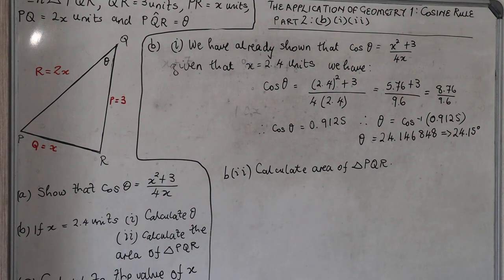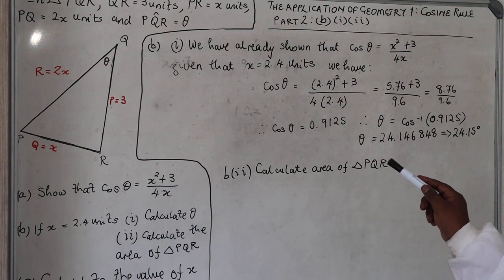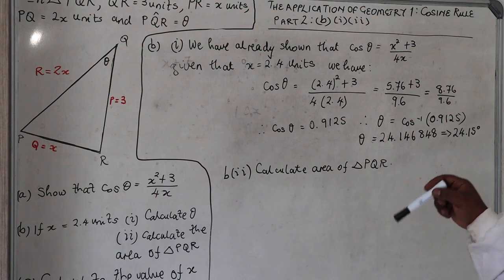So in most cases, students know that the area of a triangle is half base times height, but sometimes it becomes a hassle for them to identify a height and a base.